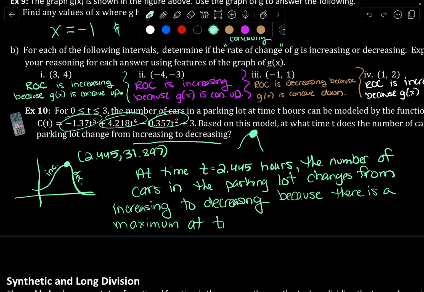That looks terrible. Time t equals 2.445 hours.